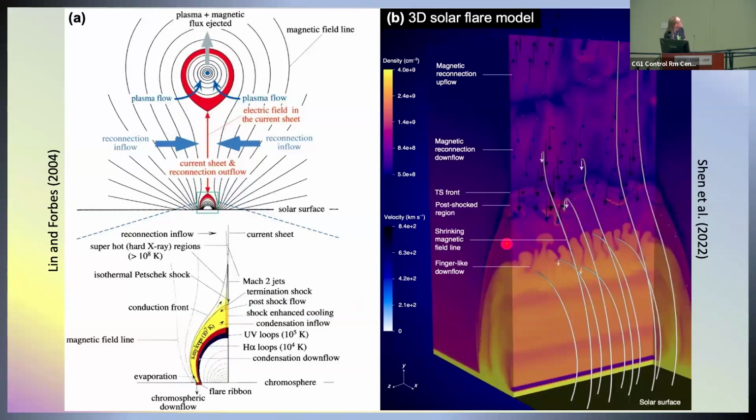So this reconnection that's happening in the flare current sheet has a ton of structure on it. You can see these field lines coming up, coming down. This is density in the color, in the yellow to purple color scale here.